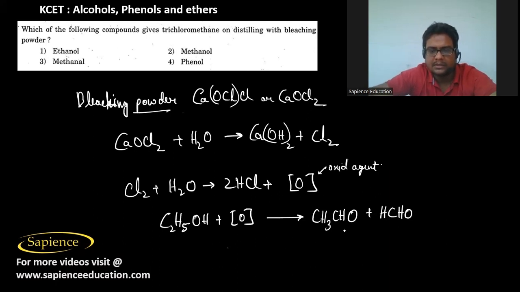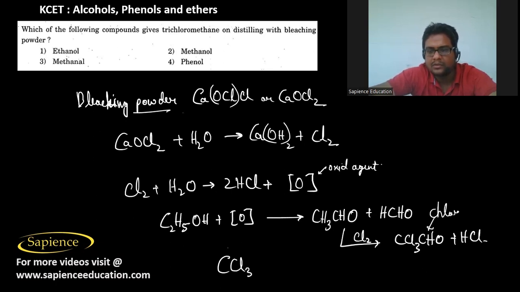Now this CH3CHO which is formed will react with the chlorine to form chloral, which is trichloroethanal, plus HCl, and then this trichloroethanal is called chloral also.